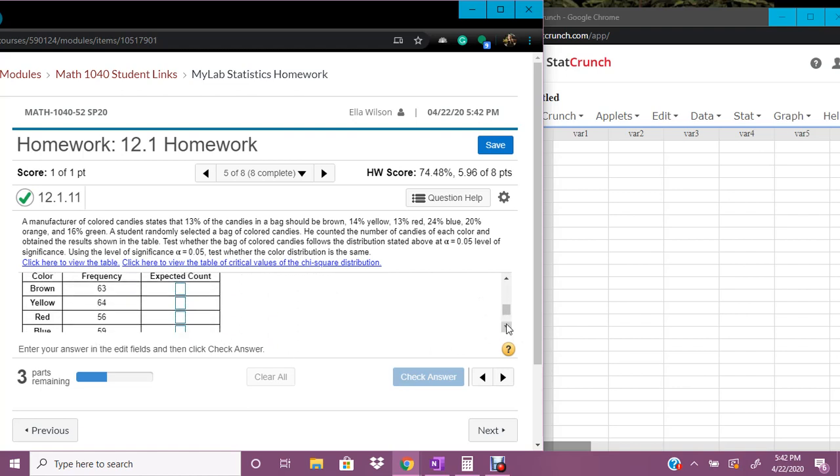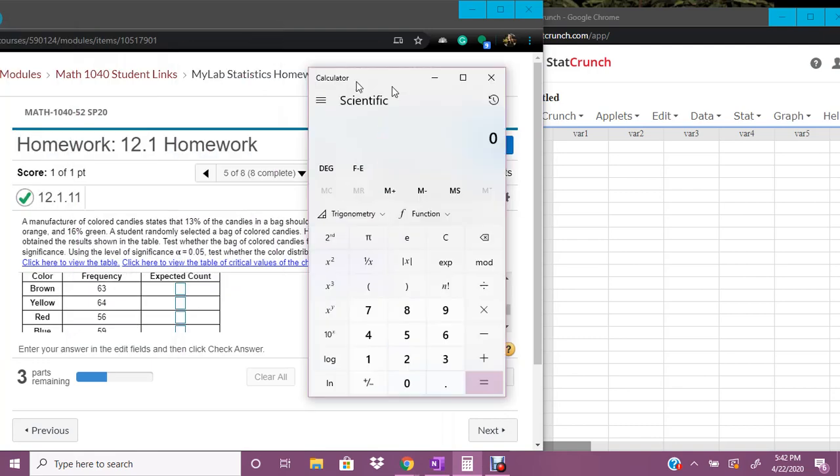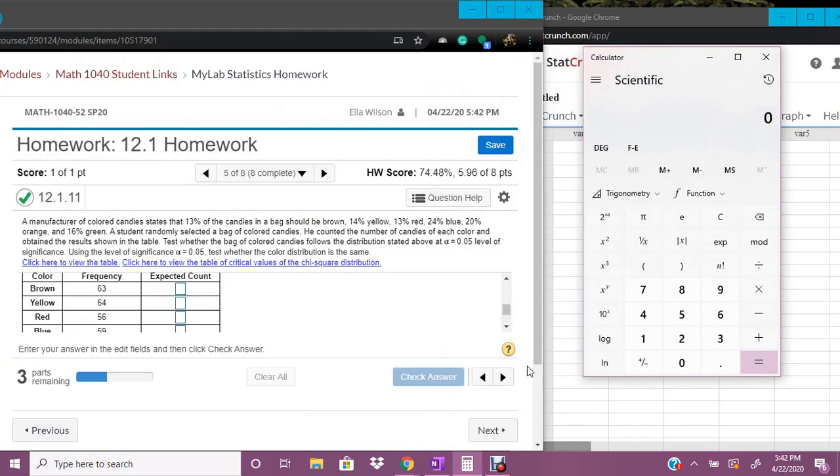How we're going to do that is add up the frequency. We need a total number of M&Ms in our bag before we can figure out how many of each color is supposed to be. So we're just going to add up these numbers in the frequency.